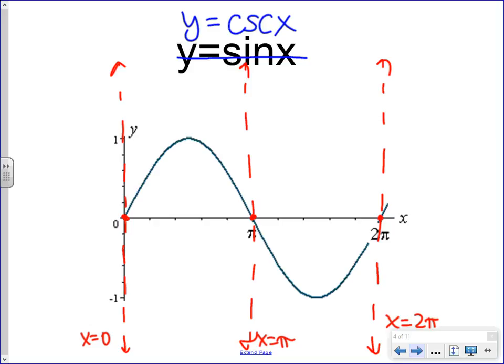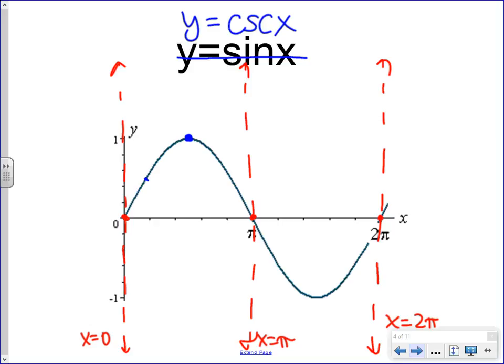Then we need to take all of these values and find their reciprocal. So here, the sine value is 1. What's the reciprocal of 1? 1. So we're actually going to have a coordinate right there. Here, the sine value is 1/2.